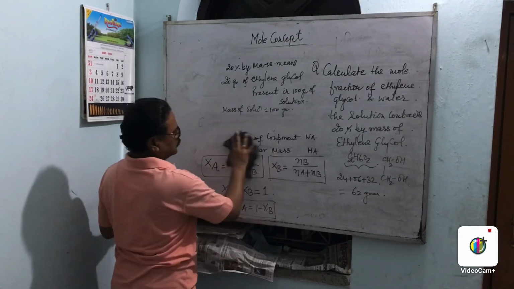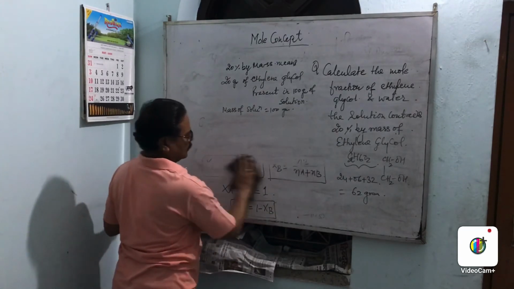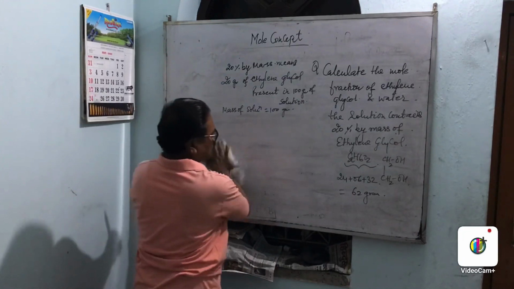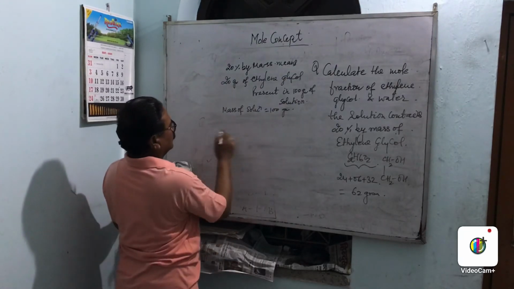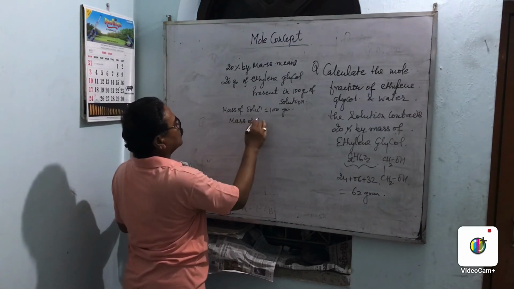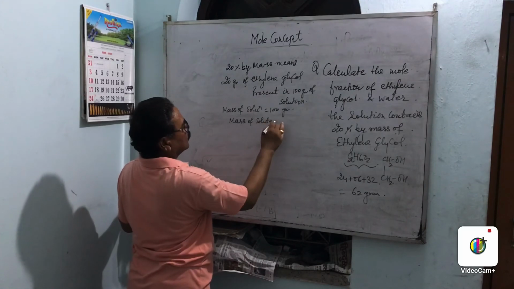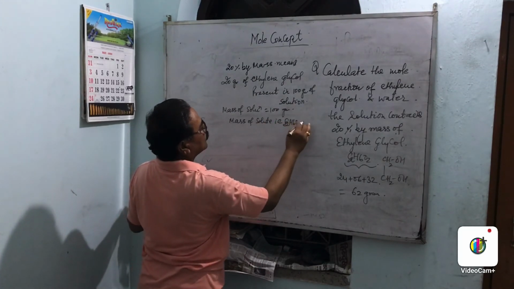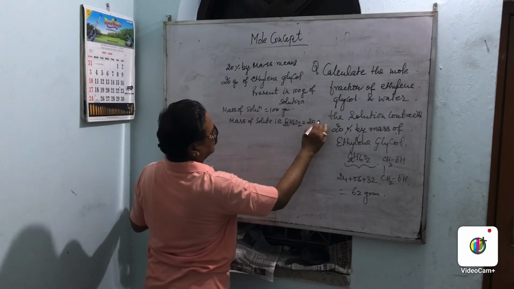So the mass of solute, that is ethylene glycol C2H6O2, is equal to 20 gram.